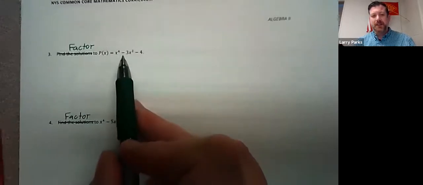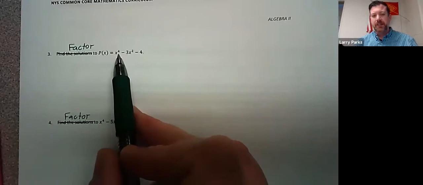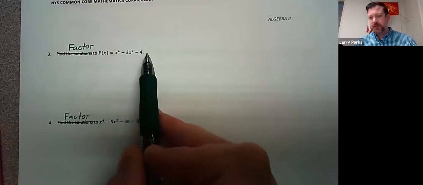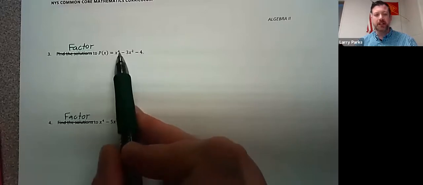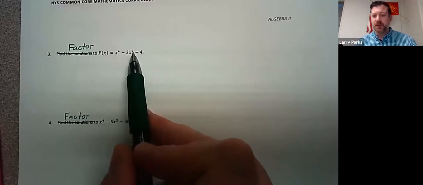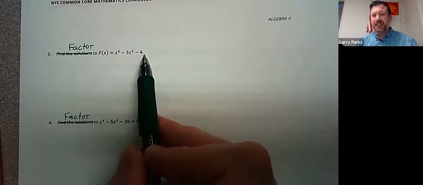We also talked last semester that if you have a quartic, so that means to the 4th power, and there's only 3 terms, and it follows the pattern of a quadratic, so if it goes 4 to constant, then you can factor it just like a quadratic.